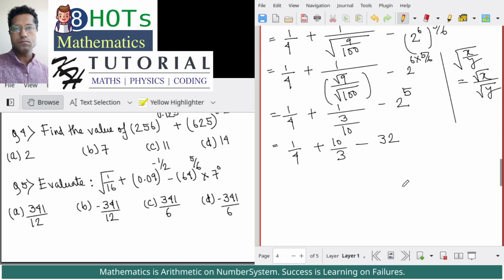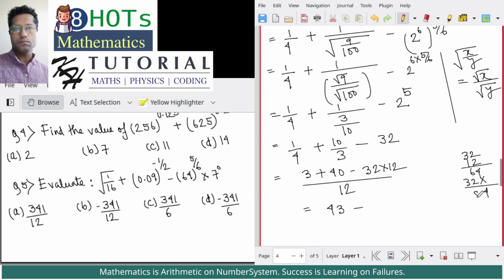So now we have simplified the given expression as a sum and difference of some rational numbers. So the LCM will be 12. This will be (3 plus 40 minus 32 into 12), so this is 43 minus 32 into 12, which is 64. 32 times 12 is 384.